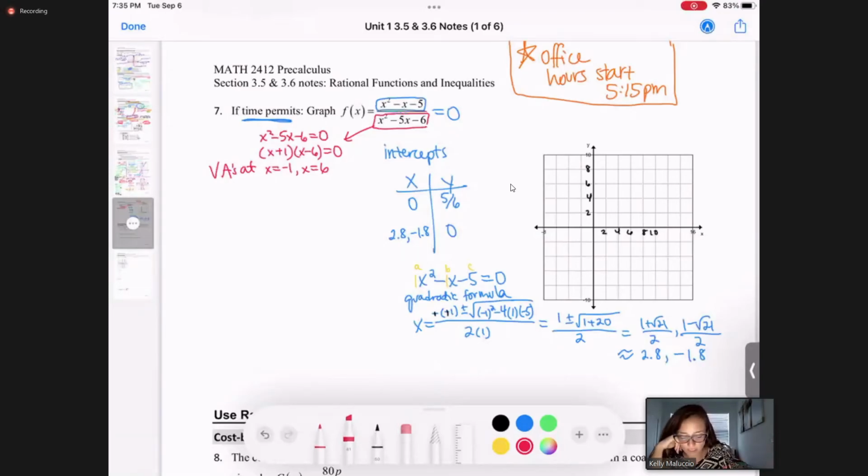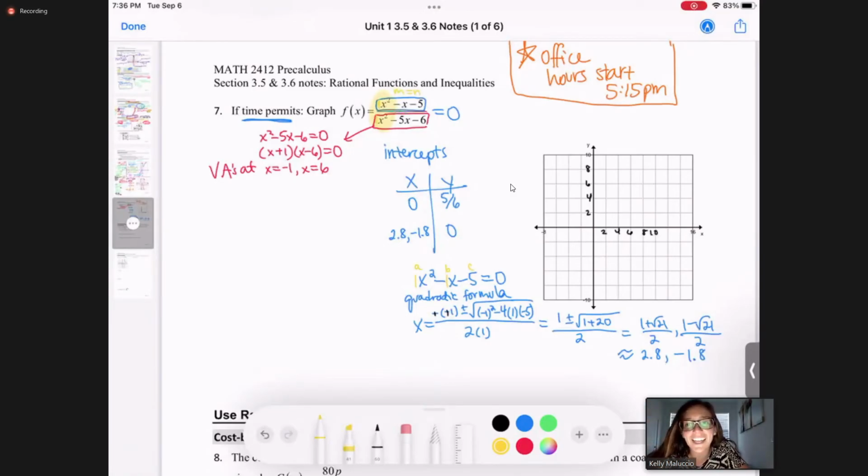And then focusing on the horizontal asymptote, I have m equals n here. So I'm going to focus just on these coefficients, and there's just 1 over 1.